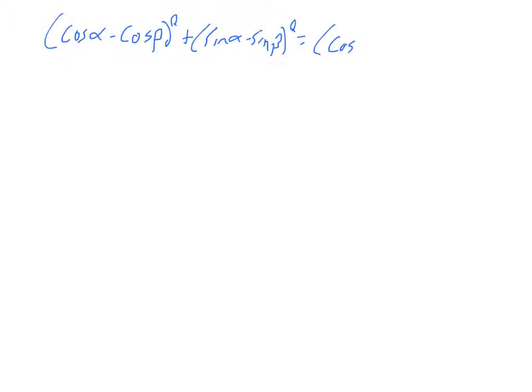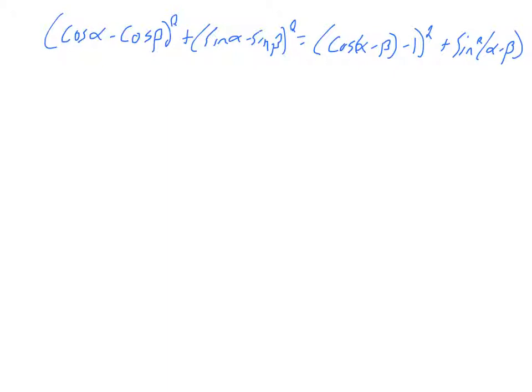So if I square cosine alpha minus cosine beta squared plus sine alpha minus sine beta squared, which is going to be equal to cosine of alpha minus beta minus 1 squared plus sine squared alpha minus beta.